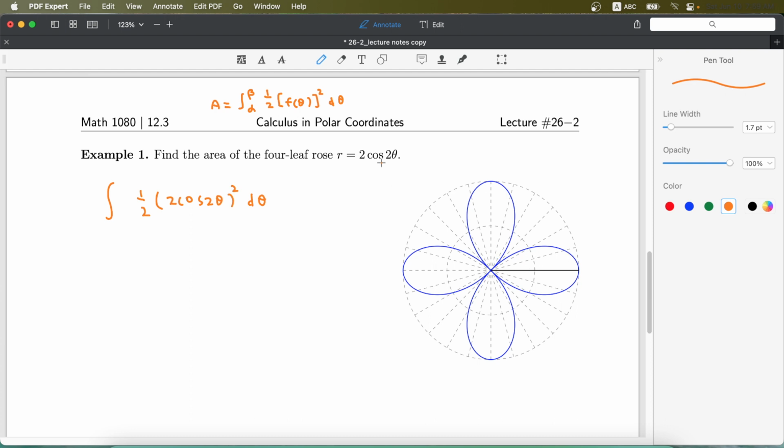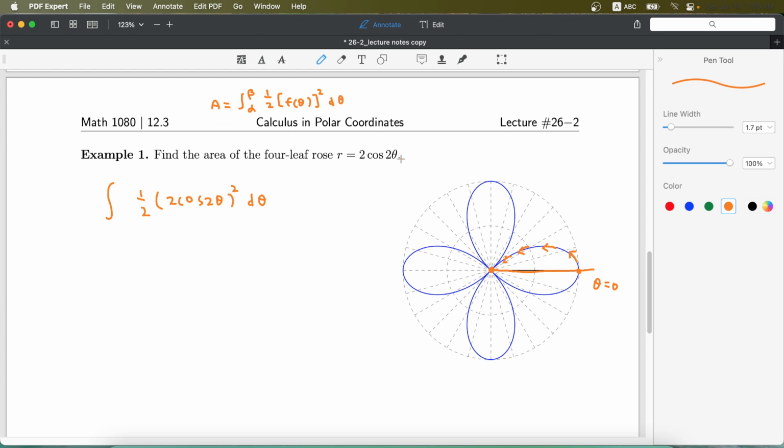So you can see that right here, when your angle theta equals 0, okay, let's plug in 0. Your radius is 2, so that means you have this point. Okay, so that means you travel from here, and then we want to find out when we have the origin.